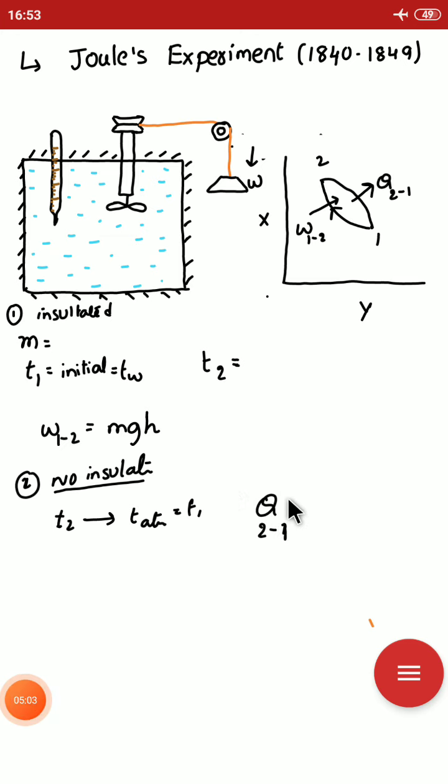The amount of heat transferred can also be calculated from the known mass as m cp delta T, or T2 minus T1. From these two values, he found that the work transfer is always proportional to the heat transfer.